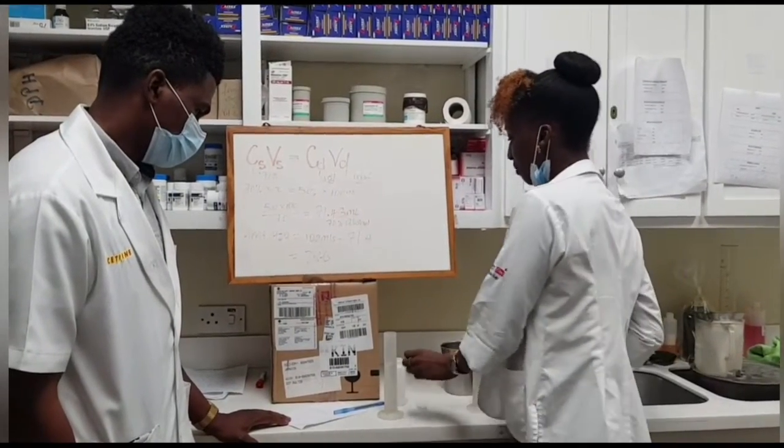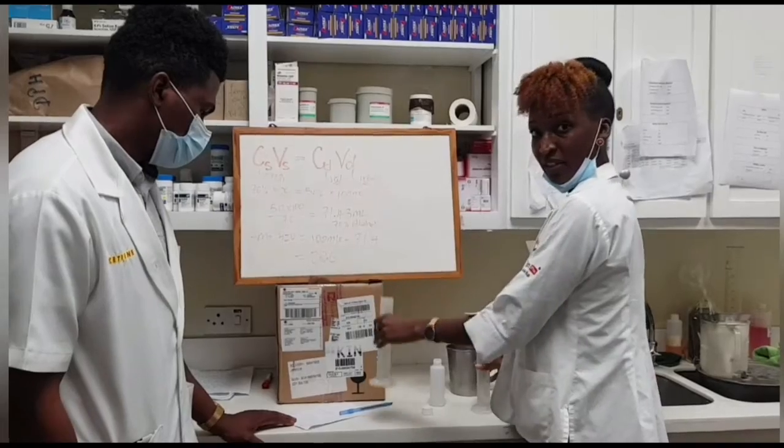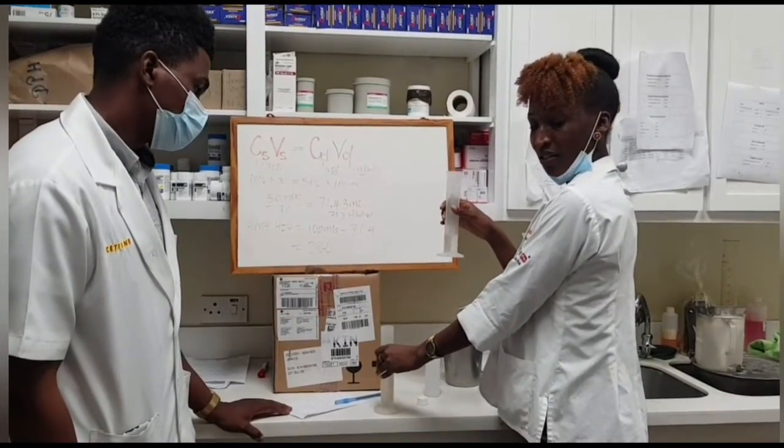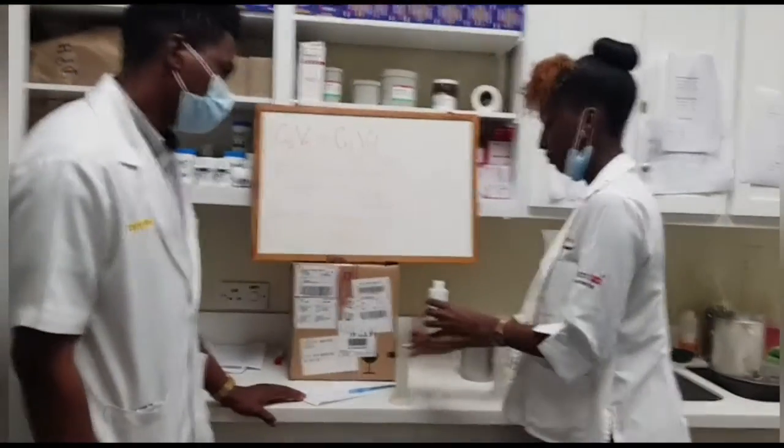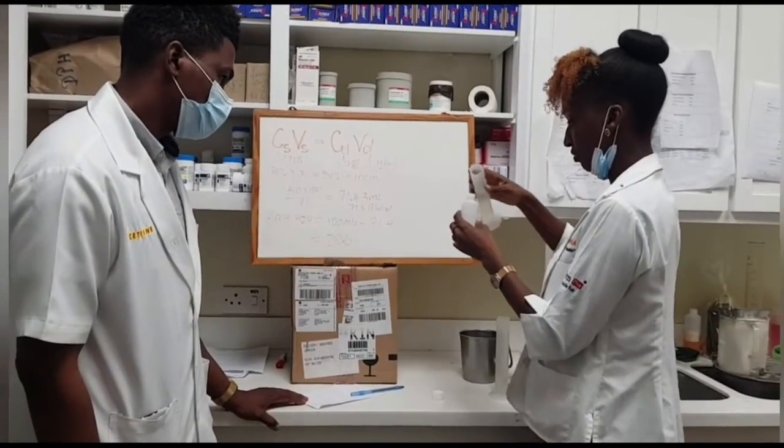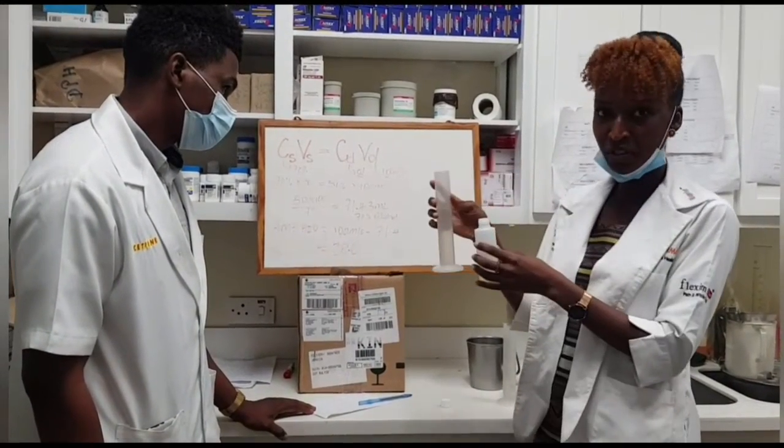Alright, so now we're going to combine both the 95% alcohol and the 26 mils of water. It doesn't matter which you pour first.